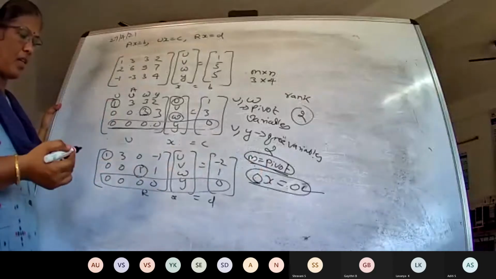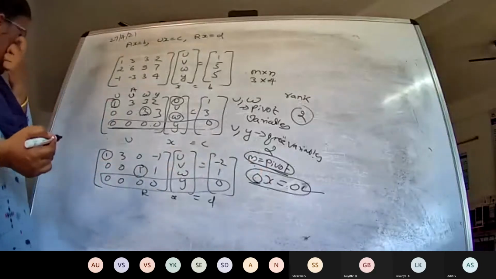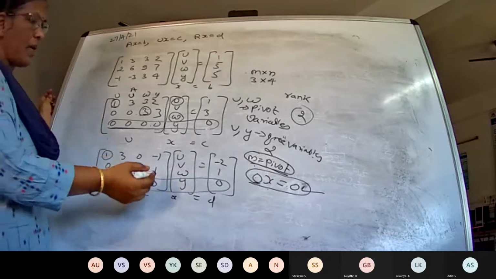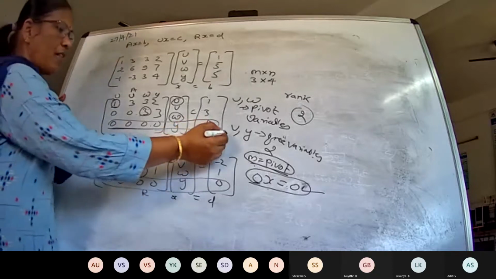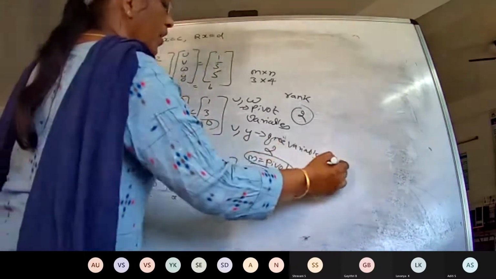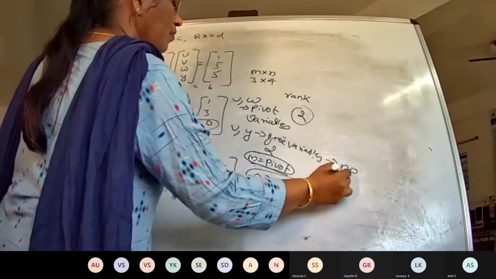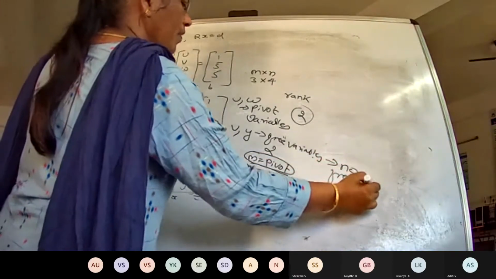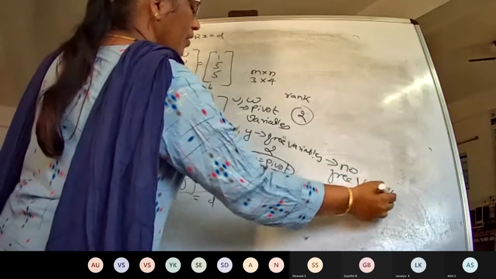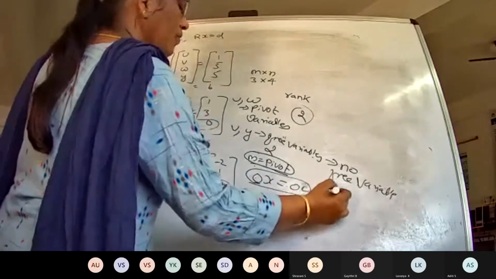If you don't have any free variables, then you will have only a single solution.